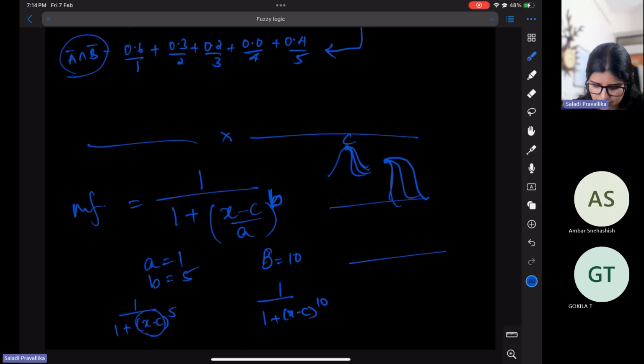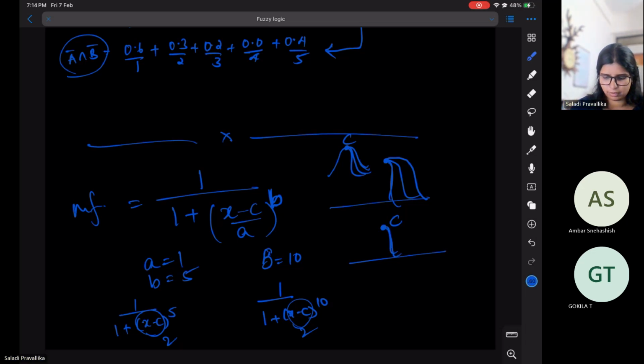Let's just take x minus c as some 2 or something, and just put the values there and try. If this is c, when the value of b is very large, it is going to fall fast. If B is small, it is going to take some time to fall down.